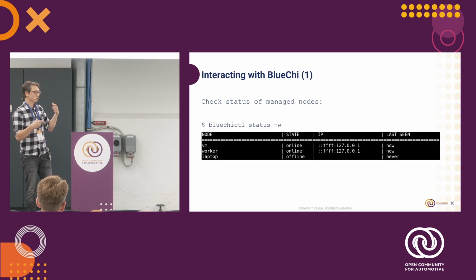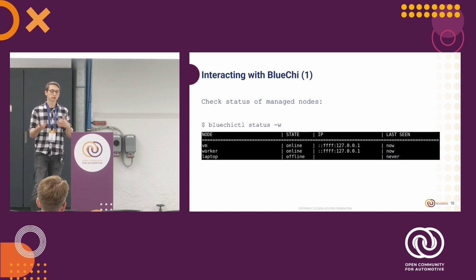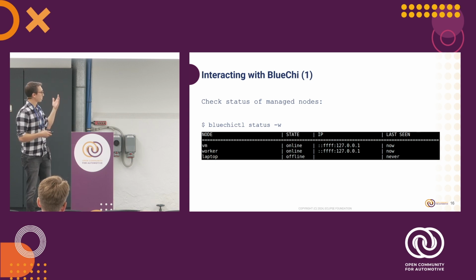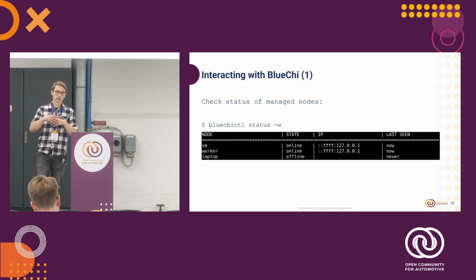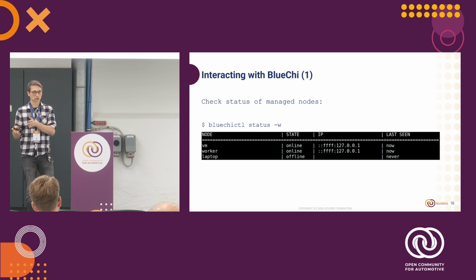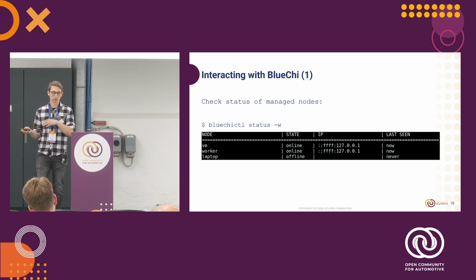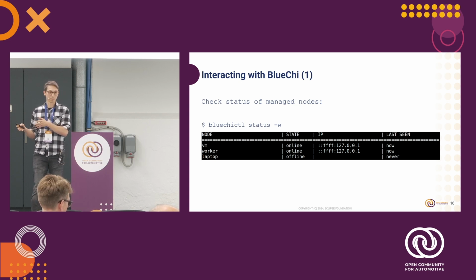And yeah, with this, let's use BlueChi CTL to interact with the system that we set up. In this specific case, well, we use the BlueChi CTL status command to get an overview of the overall system. So all nodes that we expect to be there, as well as their current connection state, online or offline, IP address, and when we last saw them.